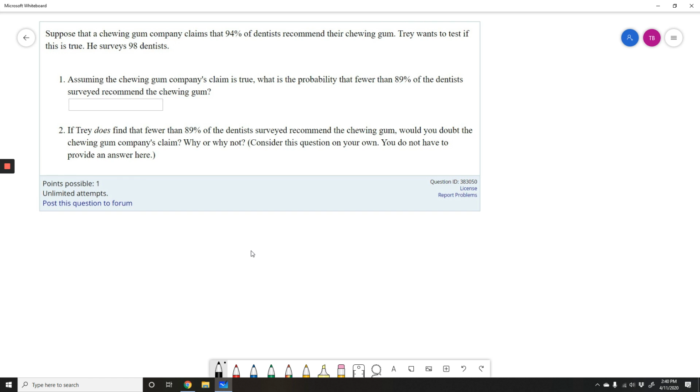So the first thing we need to do is say, we're dealing with a sample proportion here. We want to see the probability that we get a certain kind of sample proportion, so we are dealing with a central limit theorem for proportions.